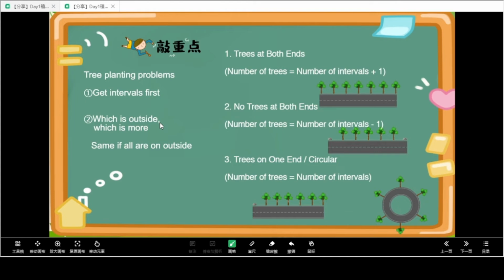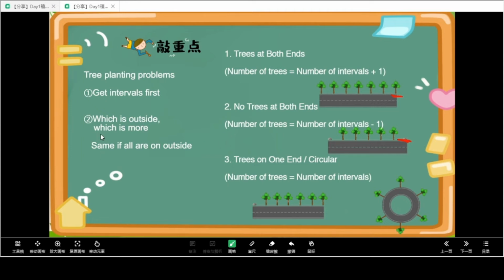If the tree is outside, the tree is left over, so the number of trees is more than the number of intervals, right? If the interval is outside, the interval is left behind, so the number of intervals is larger than the number of trees. Whichever one is on the outside is left behind, meaning its number is larger.